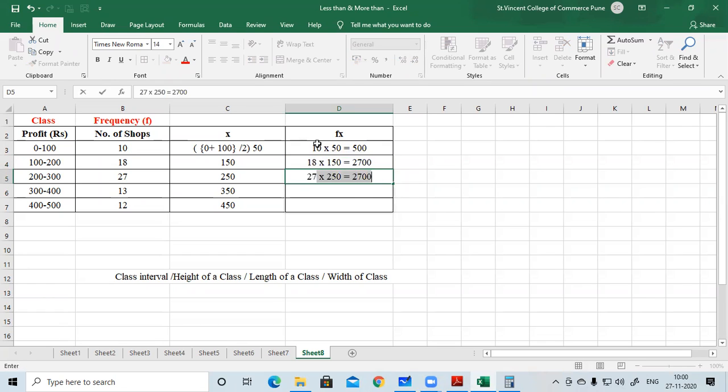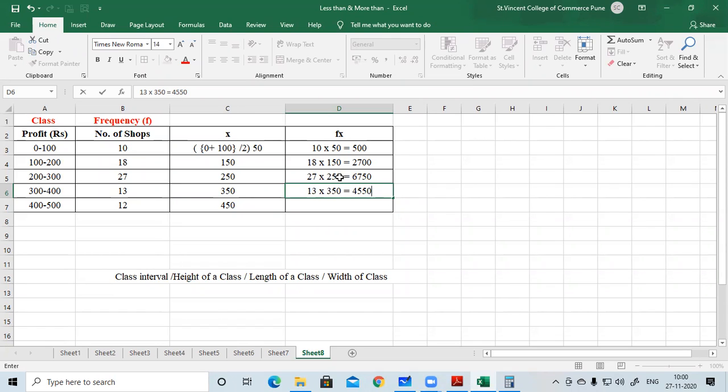Then you do 27 multiplied by 250, which is 6,750. Next is 13 multiplied by 350, which is 4,550.